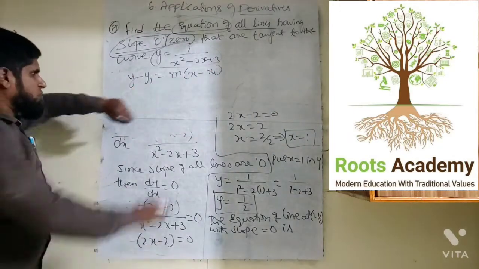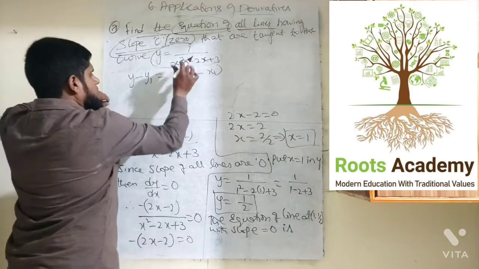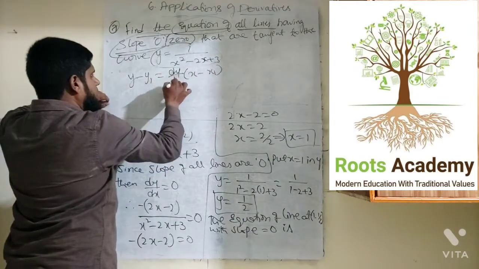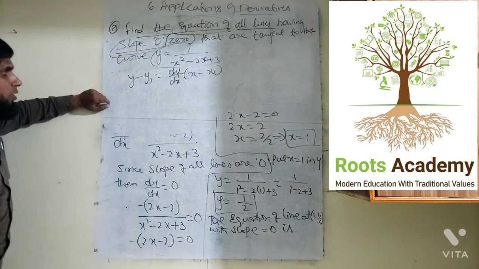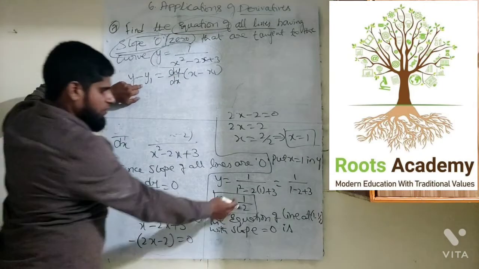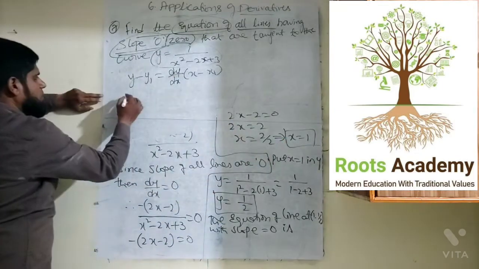Let me remove this m and I will write dy by dx. y1 is half, x1 is 1.